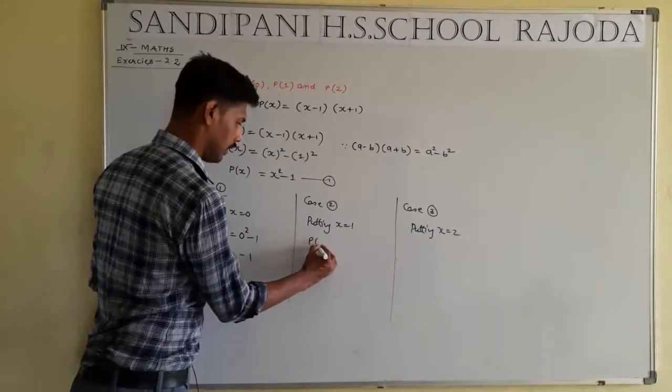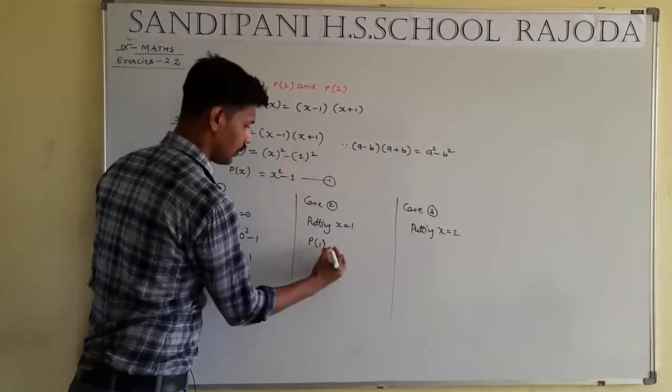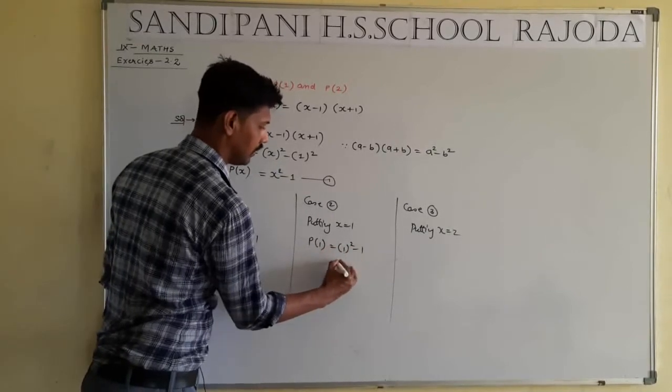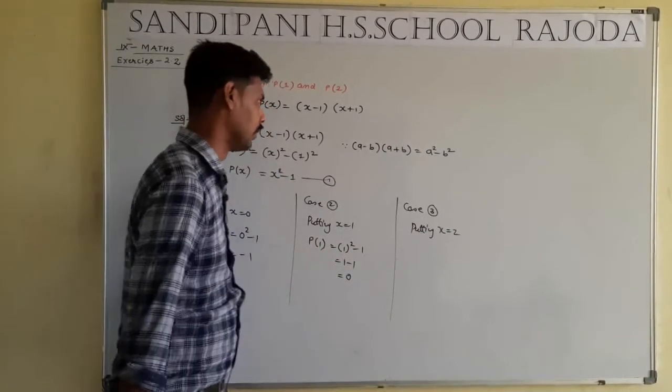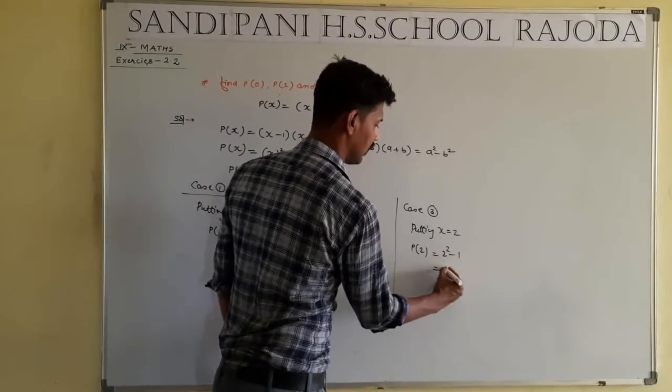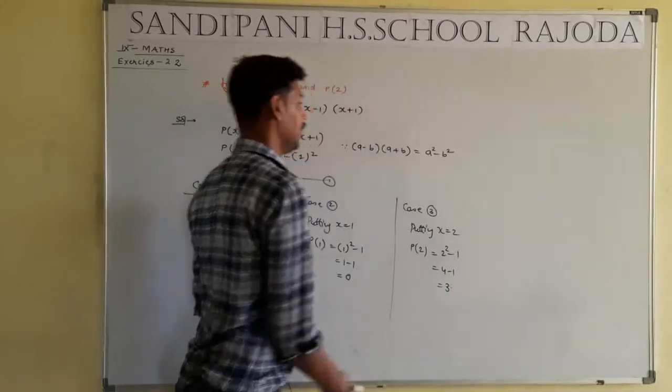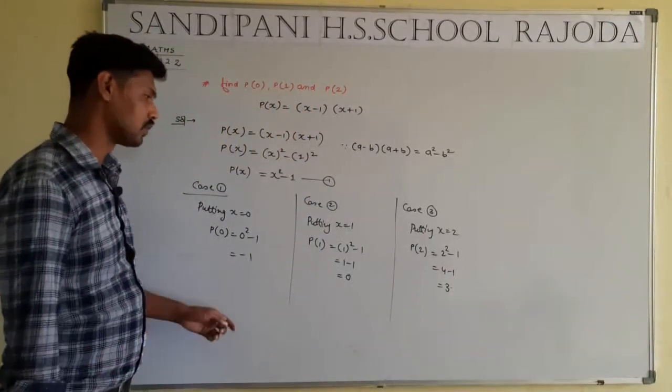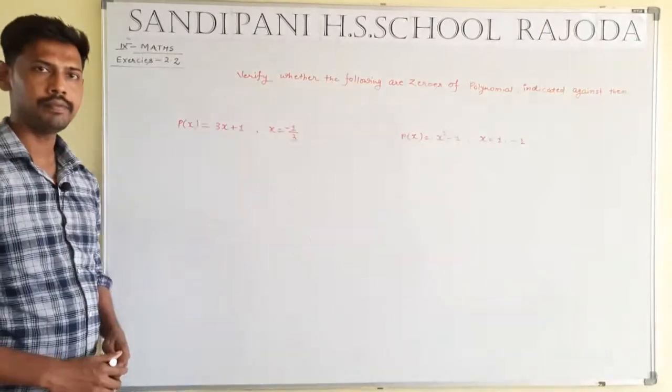P1 means 1 square minus 1, that means 1 minus 1 equal to 0, and P2 will be 2 square minus 1, that means 4 minus 1 equal to 3. The answer will be minus 1, 0 and 3.